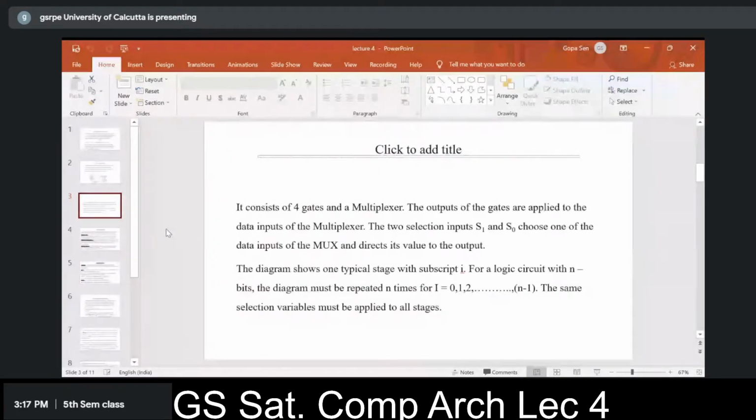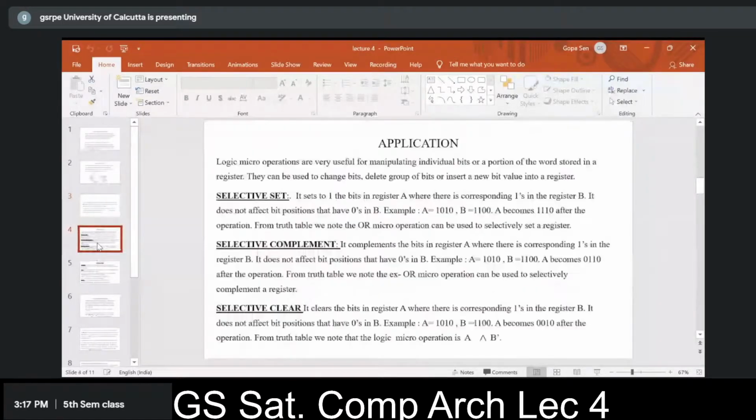Now let us find out what are the applications of logic micro operations in computer systems. Logic micro operations are very useful for manipulating individual bits or a portion of the word stored in a register. So the utility or application of logic micro operations is for manipulating individual bits or a portion of the word stored in a particular register.